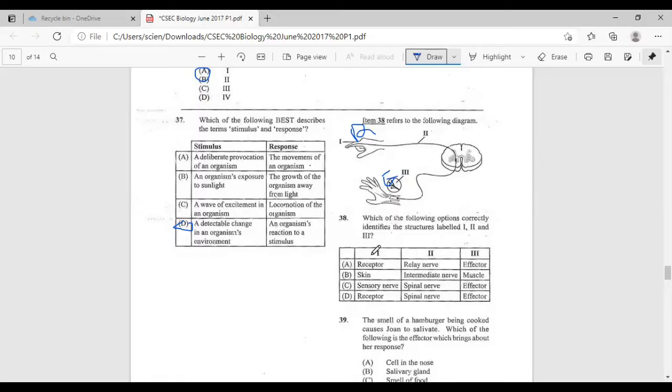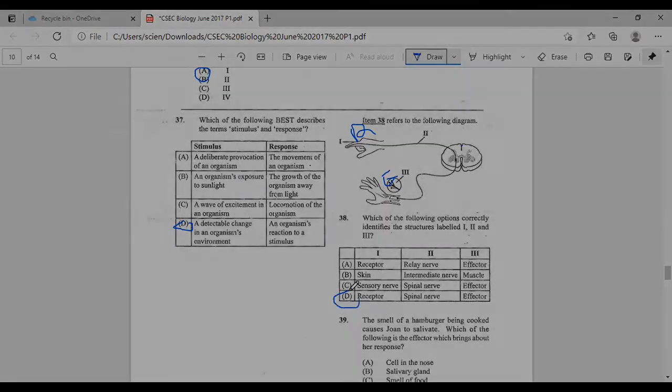So the only two that have 1 starting with the receptor are A and D. And wow, they both end with 3 being the effector. So we know we're on the right track for that part. So now we have to figure out if it's the relay nerve that is here or if it's the spinal nerve. Based on this diagram, we would have known that this is the spinal cord. So now it would definitely have to be the spinal nerve, which is D.